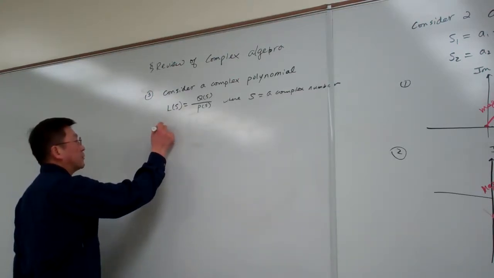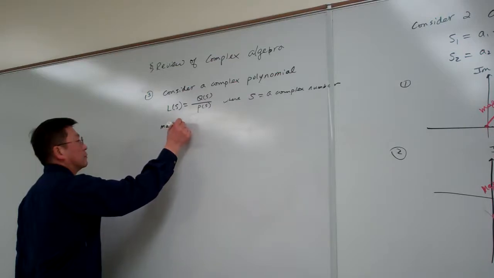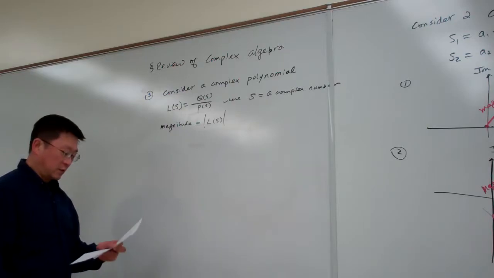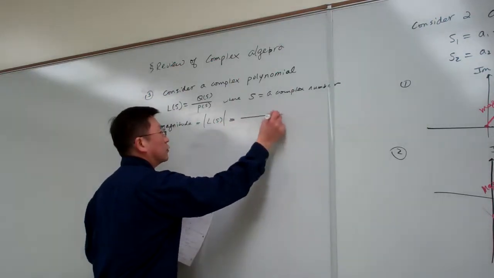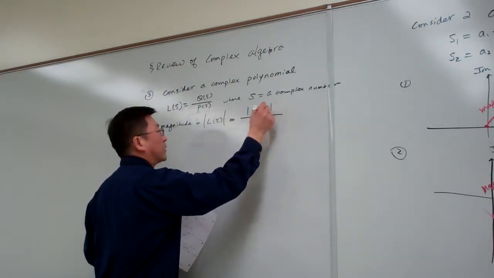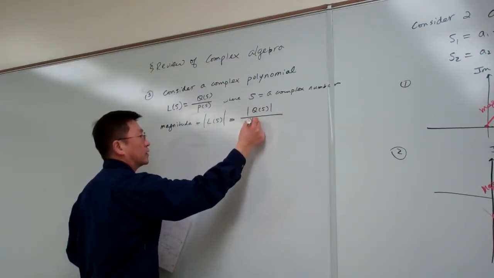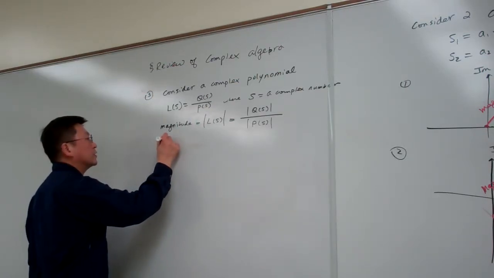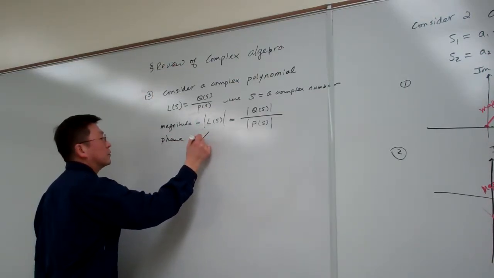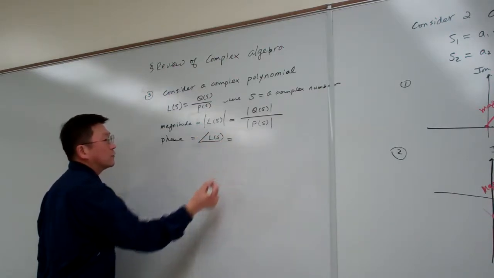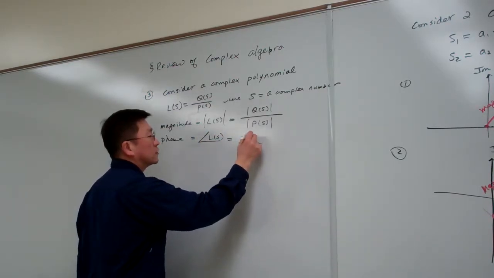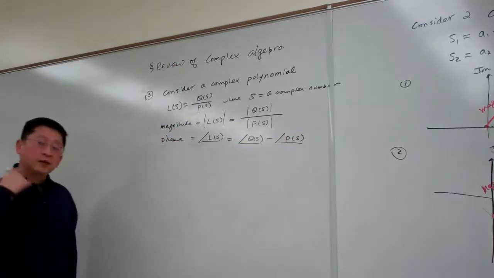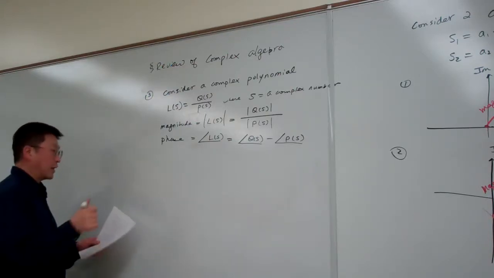For this case, the magnitude of L over S, where S is the complex number, is equivalent to the magnitude of the numerator divided by the magnitude of the denominator. And the phase of L over S is the phase of the numerator minus the phase of the denominator. We can use a few examples to exercise.